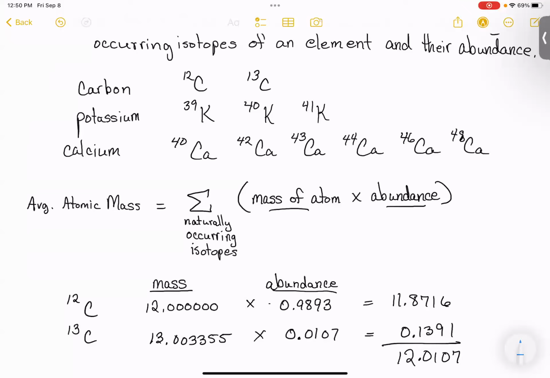In the future, you'll just look it up on the periodic table to do the next thing you do with it. This is to illustrate the difference between mass number, average atomic mass, and where those numbers come from. They're not just random numbers. But in the future, you will not have to calculate it yourself. You will just use it. Okay.